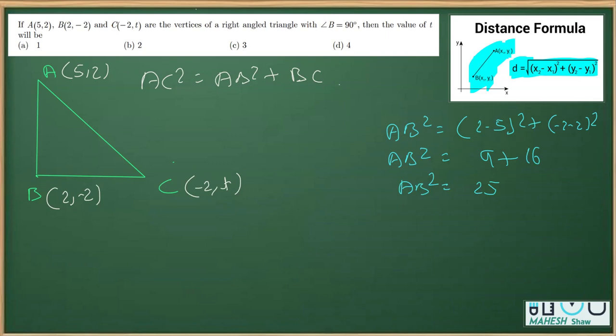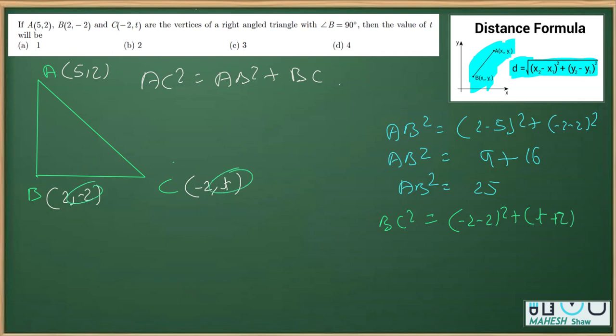Once we have obtained AB square, next I'm going to get BC square. Using the same relation, it's (x2 minus x1) whole square plus (y2 minus y1) whole square.